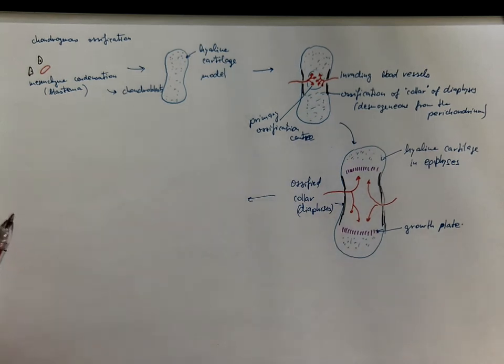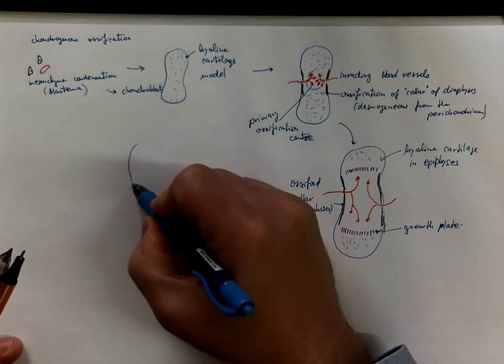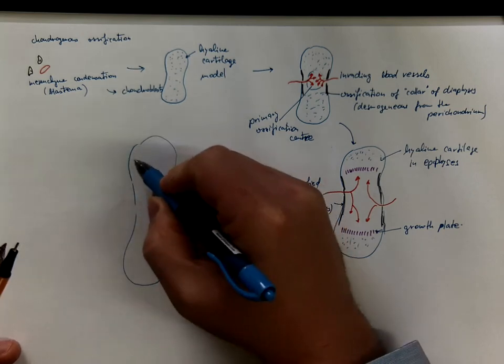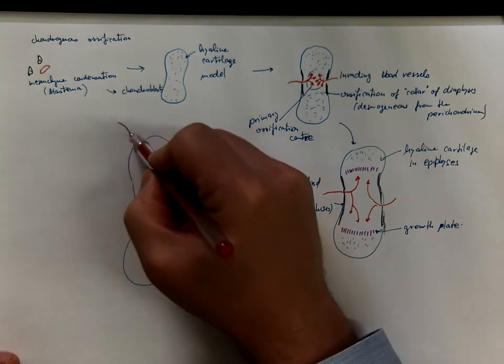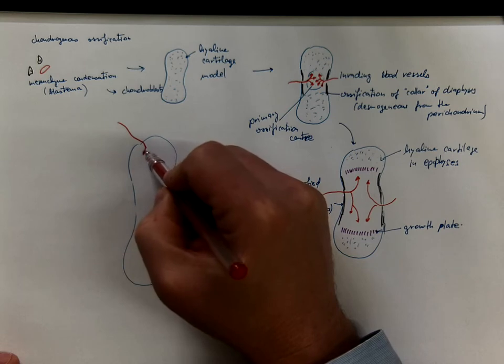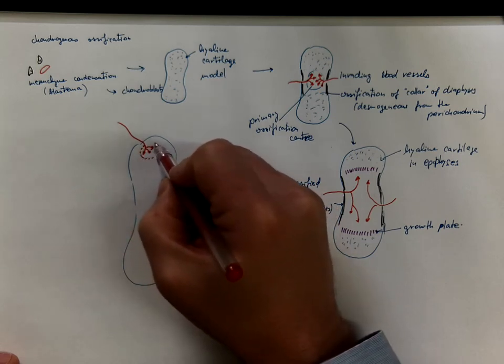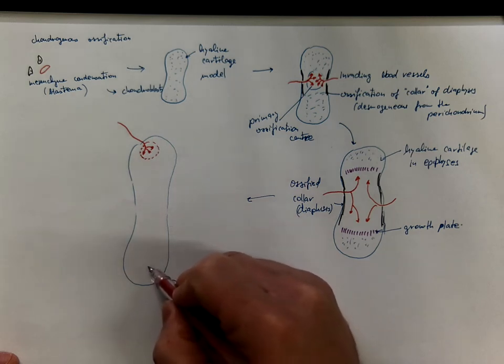And the next step: there are new blood vessels growing in the epiphysis, forming a secondary ossification center that appears later on.